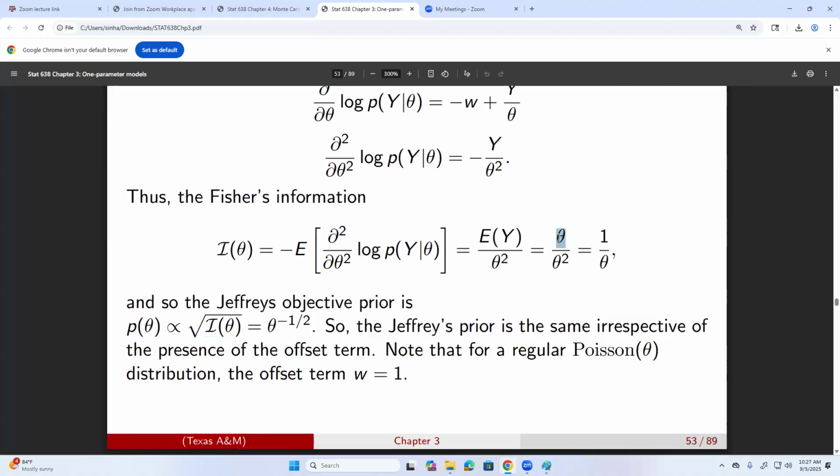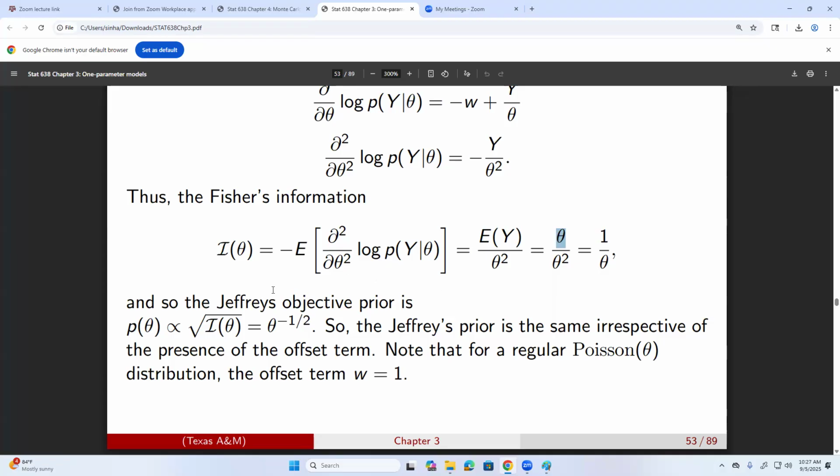So it should be W theta. I will correct it. W theta over theta square. So it is W over theta.